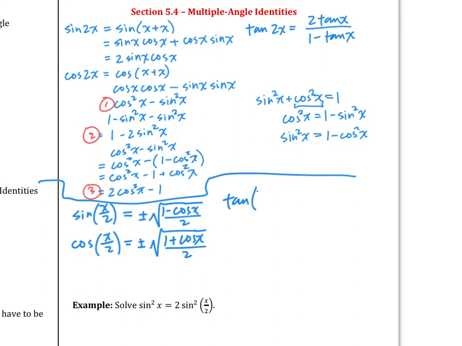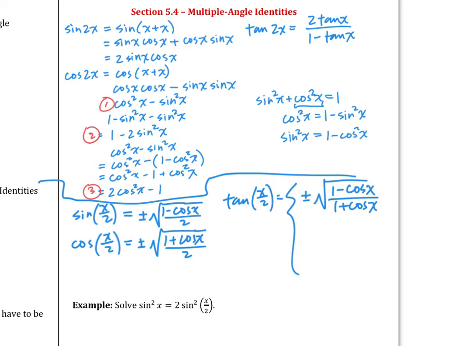Tangent x over 2, there are three formulas that you can use. First one is plus minus square root of 1 minus cosine x over 1 plus cosine x. Plus minus doesn't mean you have two answers. Plus minus means you choose one based on whichever quadrant it is.